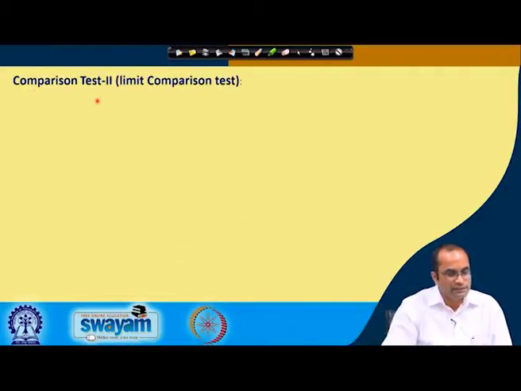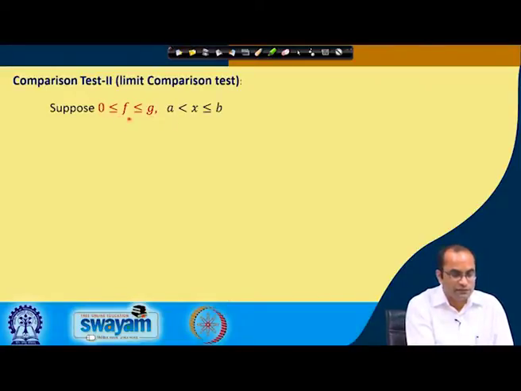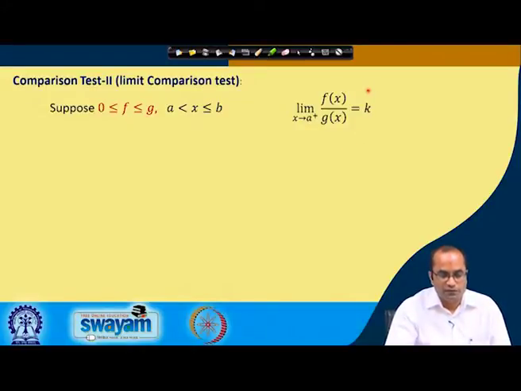There is another test, which we call comparison test 2, also called the limit comparison test. Again we consider that f is taking non-negative values and g is taking larger values than f. In that case we compute the limit as x approaches a plus, because our problem was when x approaches a, of the ratio f(x) over g(x), and we have to find for what g we get this conclusion.